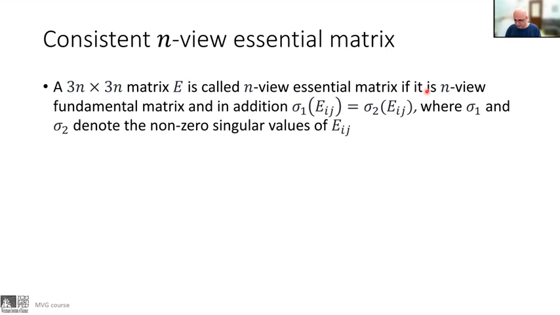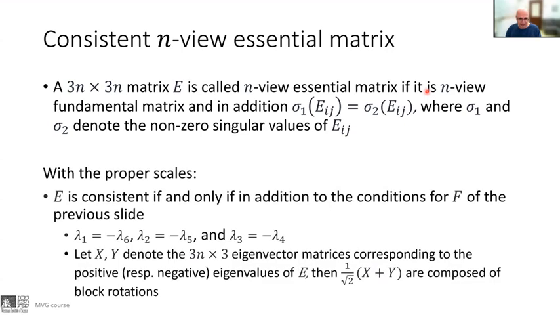And the conditions for consistency: E is consistent, in addition to the conditions for F to be consistent, if the eigenvalues are equal in absolute value. So lambda 1 equals minus lambda 6. They come in pairs. Lambda 2 equals minus lambda 5, and lambda 3 equals minus lambda 4.